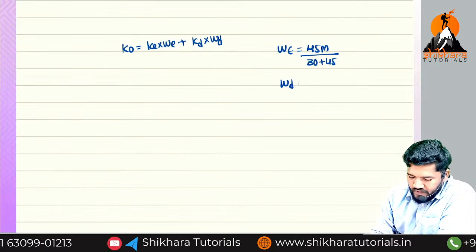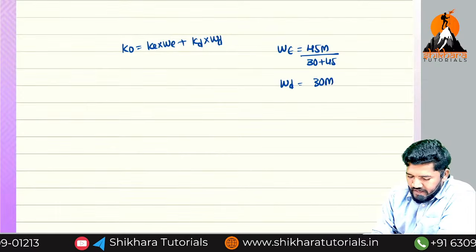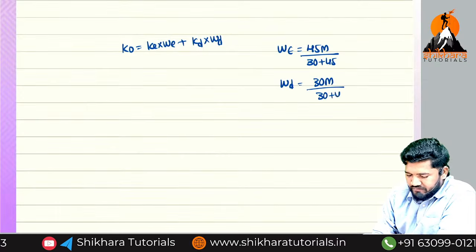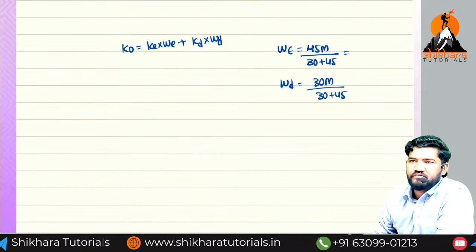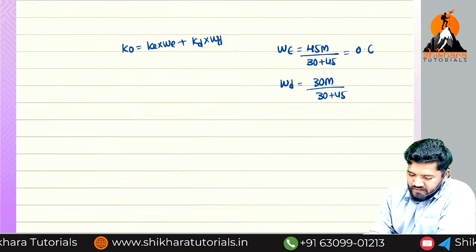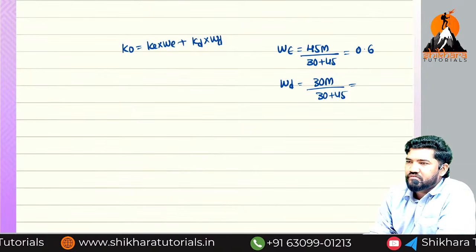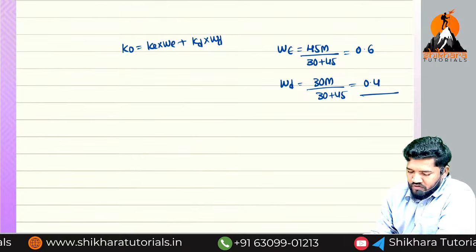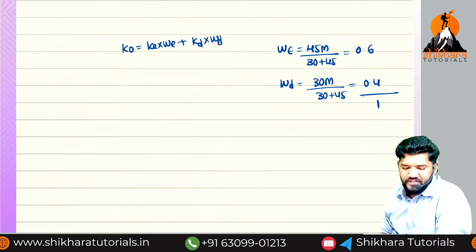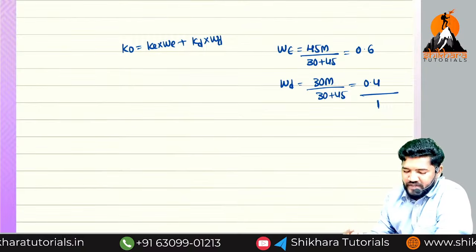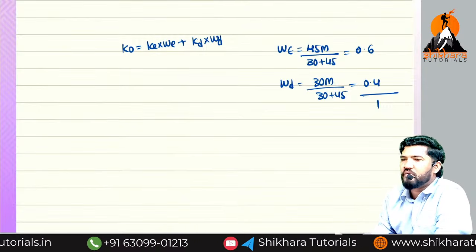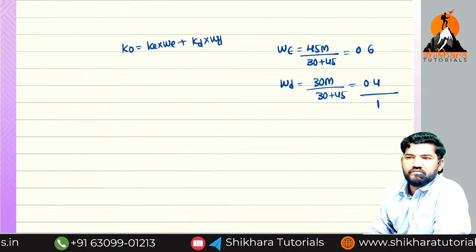Weight of debt equals 30 million divided by 30 plus 45. Now 30 plus 45 is known as capital employed. 0.6 equity weight, 0.4 debt weight. What is the meaning of 0.6 and 0.4? If I procure 1 rupee, out of 1 rupee, 0.6 is equity capital, 0.4 is debt capital.